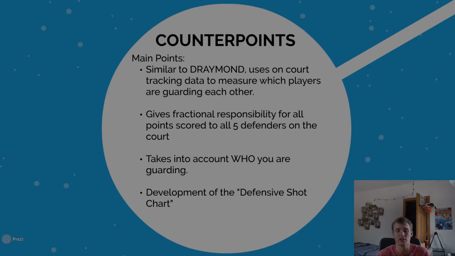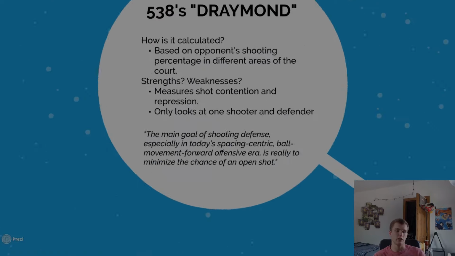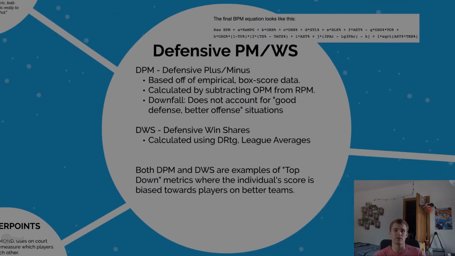And that's what makes evaluating an individual's defense so difficult. Like we said back in the defensive plus minus and win shares bubble, individual defense really is a top-down metric and is really a product of the unit more than the individual. So it's hard to isolate single players.